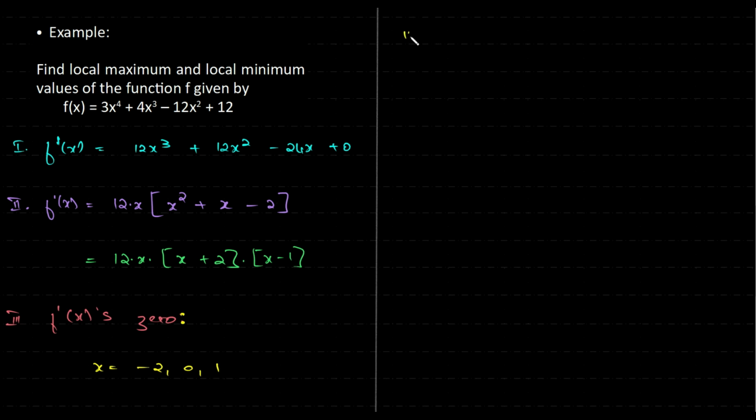So this is a tedious process, of course. So checking nature of sign. So say around 0. I'm just going to do it for 0. So f prime of minus 0.5, that is left of 0.